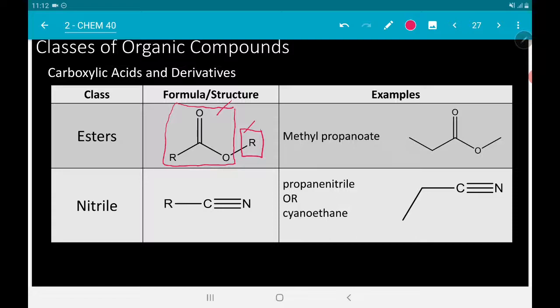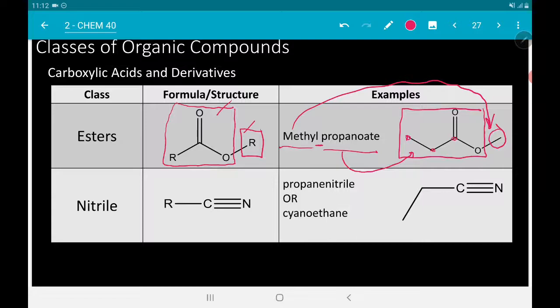So, as an example, this is a methyl group and this is a propanoate group. Okay, so 1, 2, 3. Kaya ang name niya ay methyl propanoate. Okay, so that's how you name esters. So, ang unahin nyo, yung alkyl group muna. Okay, this alkyl group. And then you name the carboxylate group. Tapos, don't forget the space. Okay?